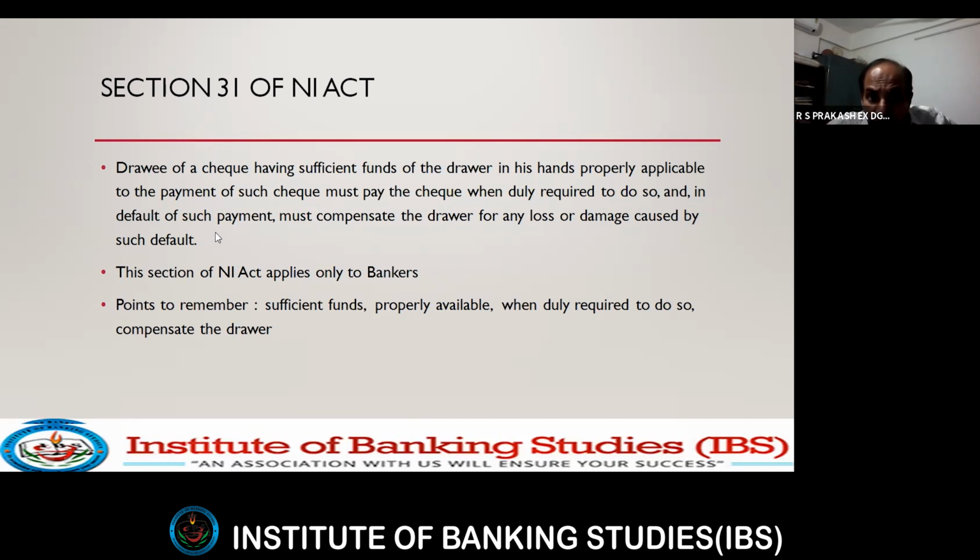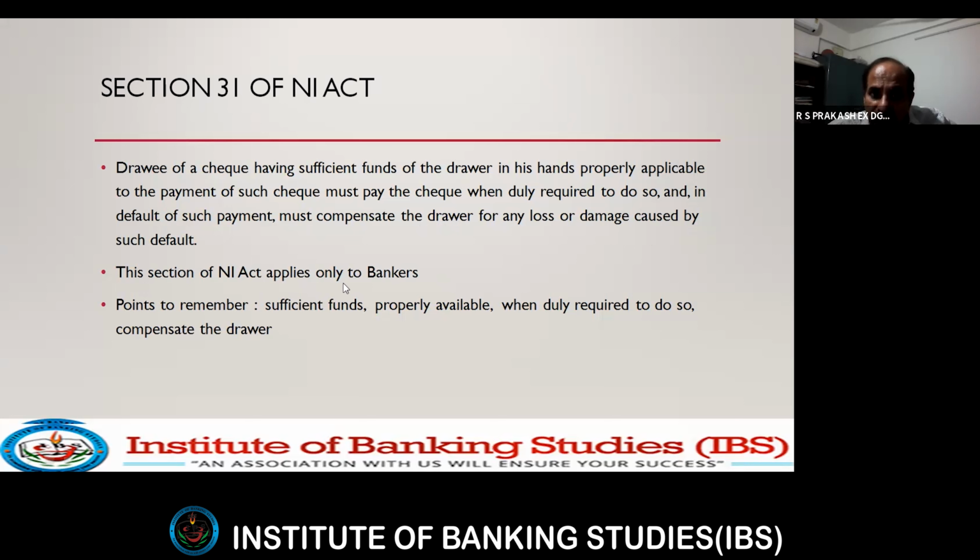And in default of such payment, if you refuse, it is called wrongful dishonor. Wrongful return of a check must compensate the drawer. इतना जवाबदारी है, इतना जिम्मेदारी बैंक के ऊपर है. If there is a wrongful dishonor for a technical reason, we have to compensate the drawer for any loss or damage caused by such default.